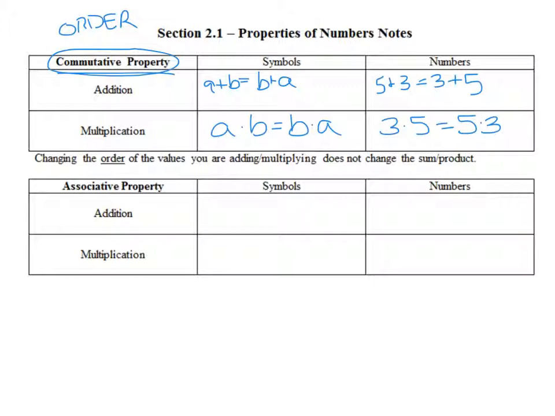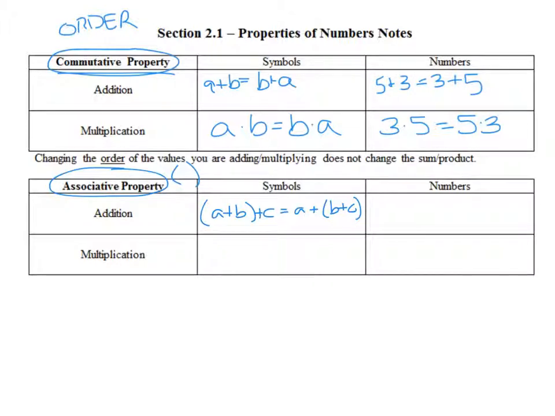The associative property is changing the grouping or changing the parentheses. In addition, the associative property looks like this. You could add A plus B first and then add C, but it's the same thing as if you added B plus C first and then added A. The grouping doesn't matter.